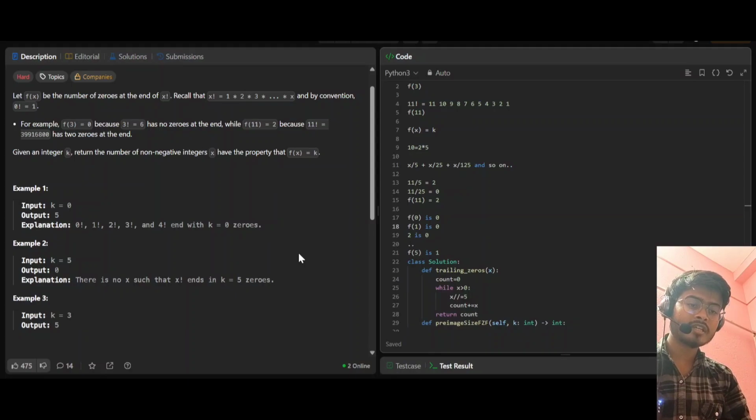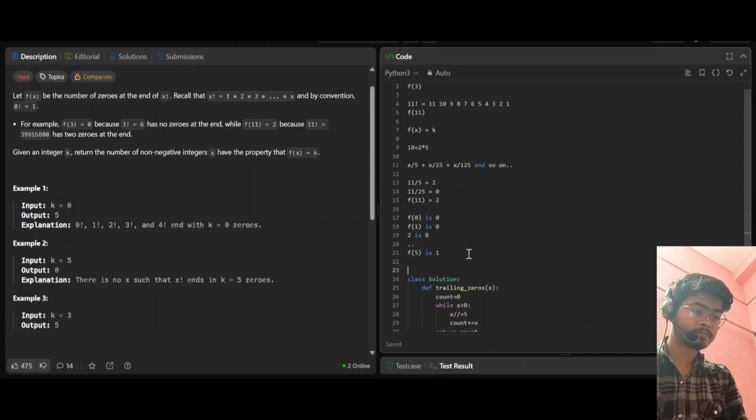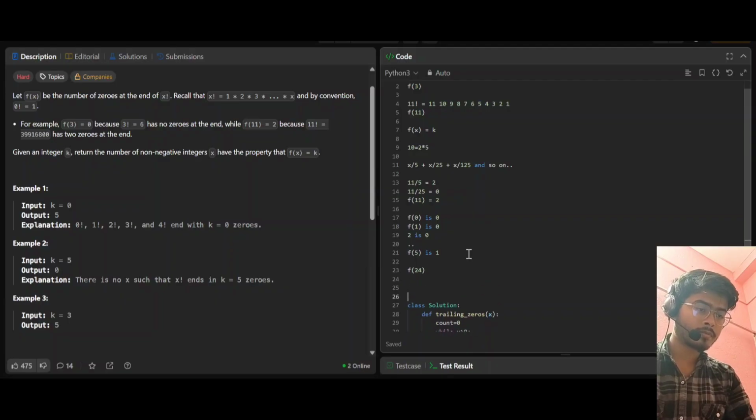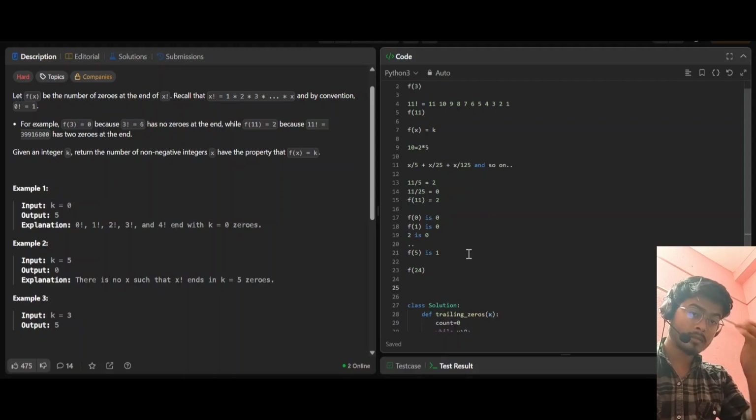But there is an important exception. Sometimes the function jumps by more than 1. Let's look at 24. We are calculating f(24). So let's divide 24 by 5.